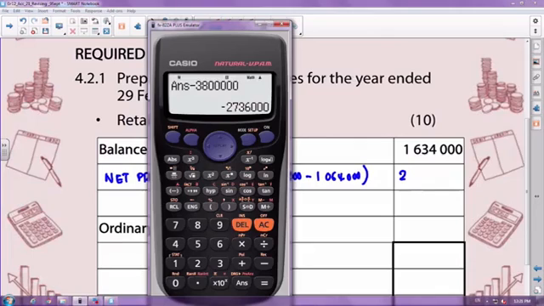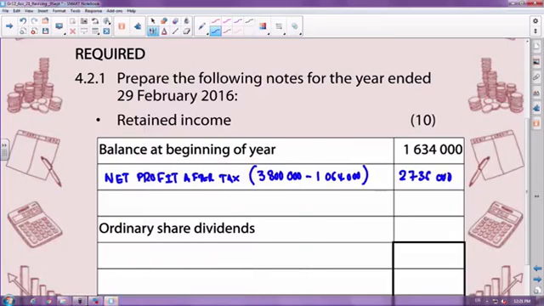Okay, the only reason I'm using a negative there is because I used the smaller figure instead of having to retype into the calculator. Time-saving device. 2,736,000. Watch, where did it come from? My 3,800,000, which was my net profit before taxation. I subtracted my taxation, and that gave me my net profit after taxation of 2,736,000.